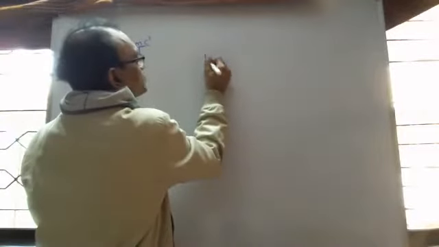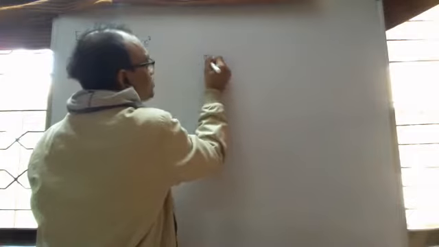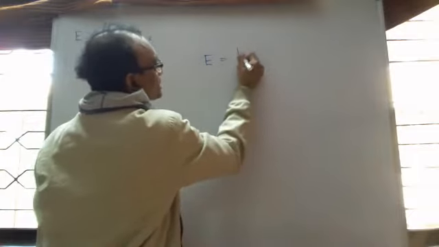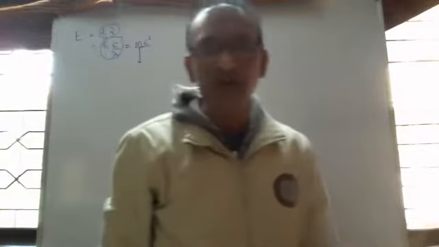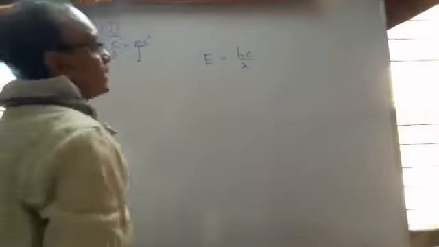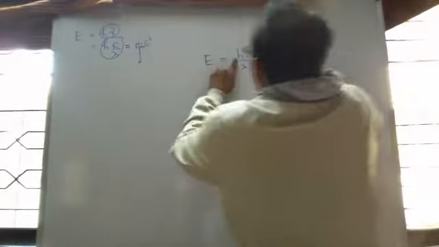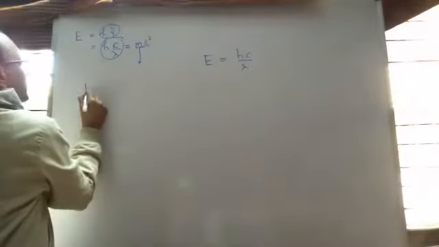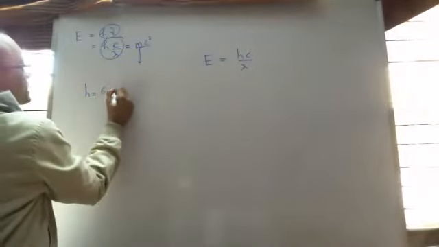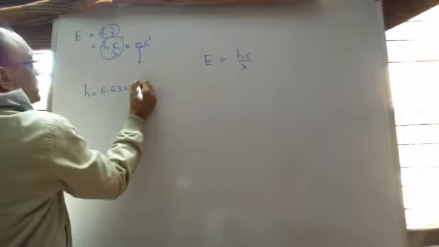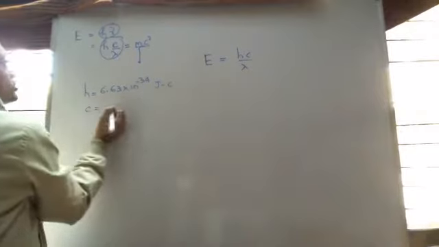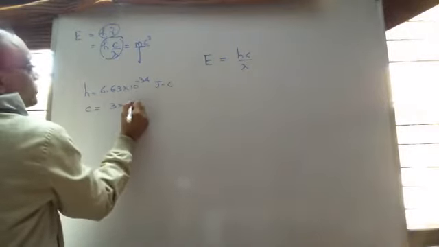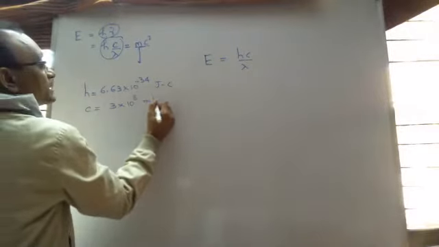Realize that the energy carried by a photon is hc by lambda, where h, like I said, is 6.63 into 10 to the power minus 34 joule seconds. c, velocity of light, is 3 into 10 to the power 8 meters per second.